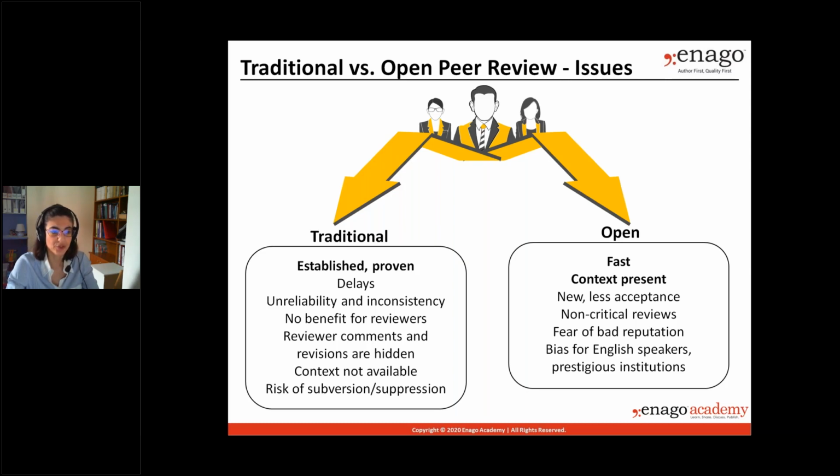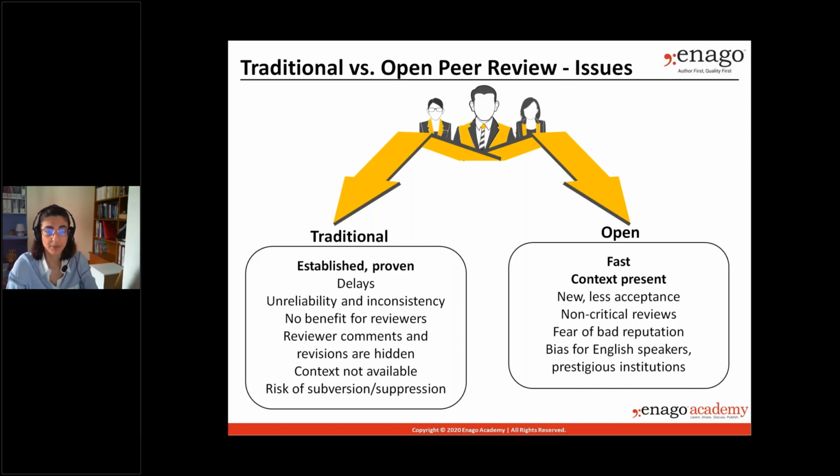With the traditional approach, you have the established, proven way of proceeding. It means certain delays. It can entail unreliability or inconsistency. There's no benefit for reviewers since their work is not officially acknowledged towards the public. Reviewer comments and revisions are hidden from the public. Only the authors can see it, and the context is not available, of course, for the public.